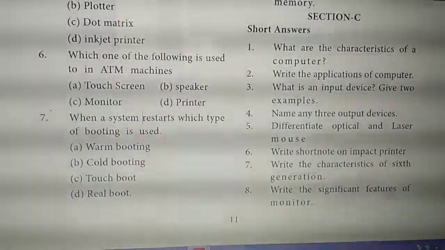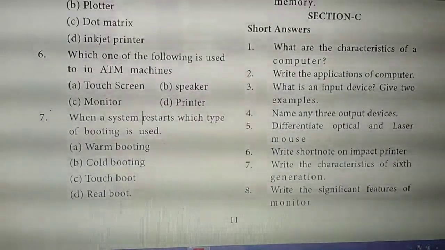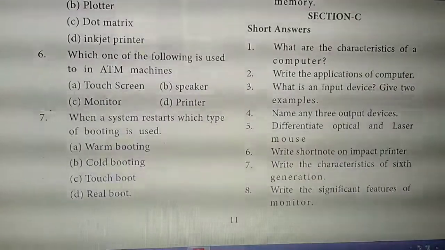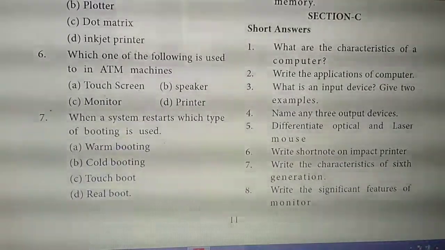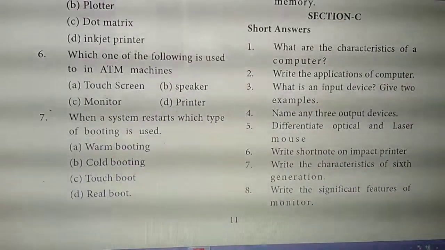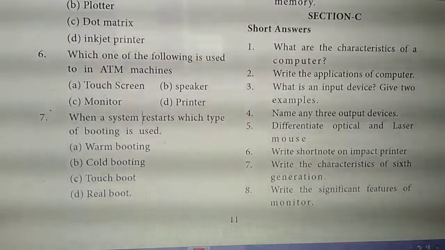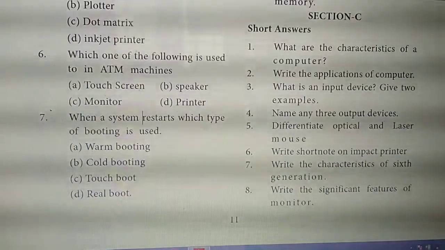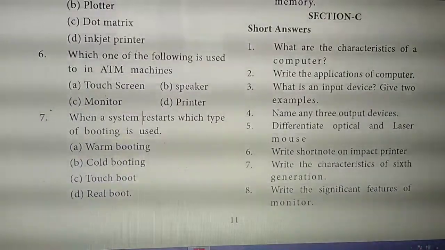Till section B, that is 2 more questions, we have completed. Today we are going to mark the 3 more questions first. Have you all taken page number 11? First you write the page number here.